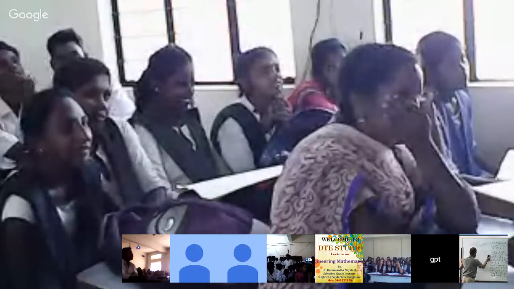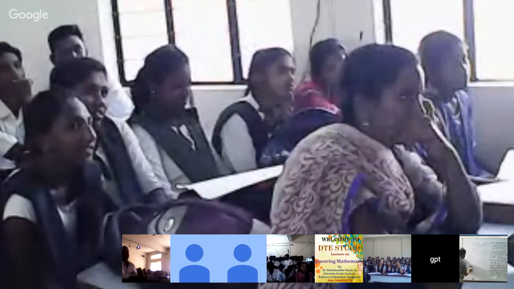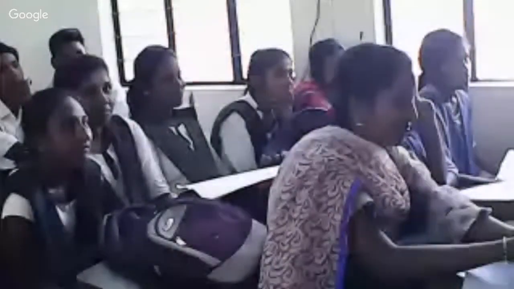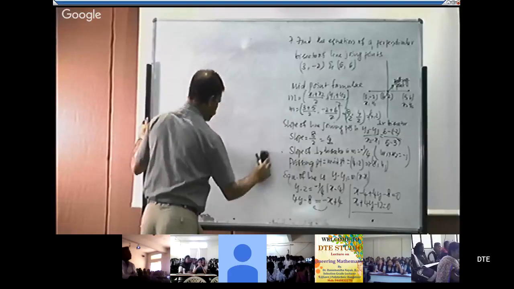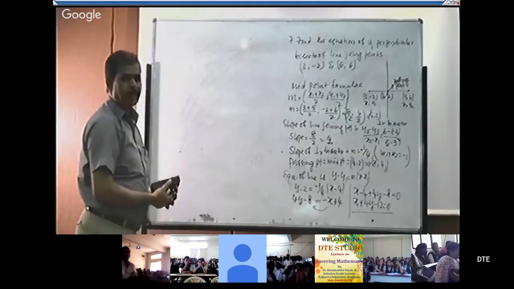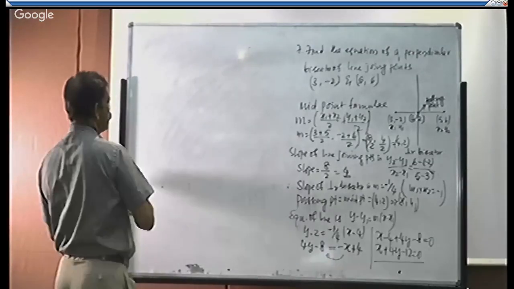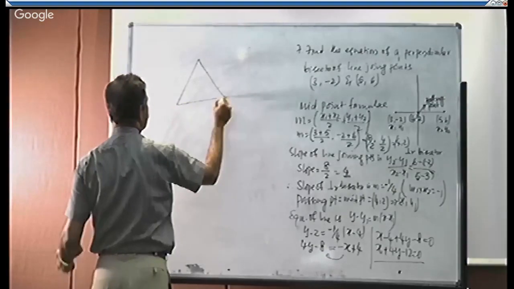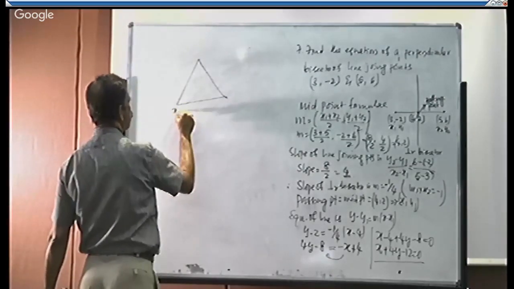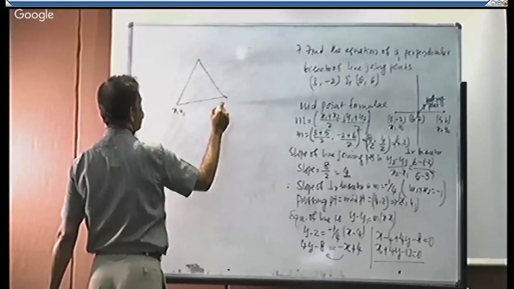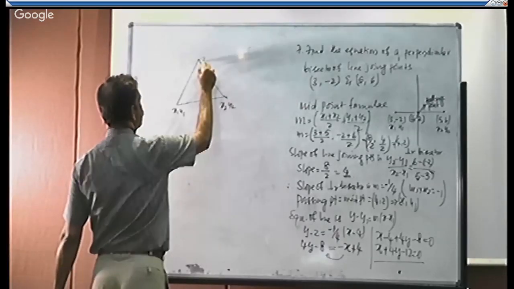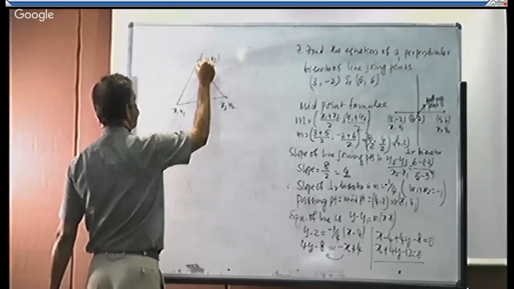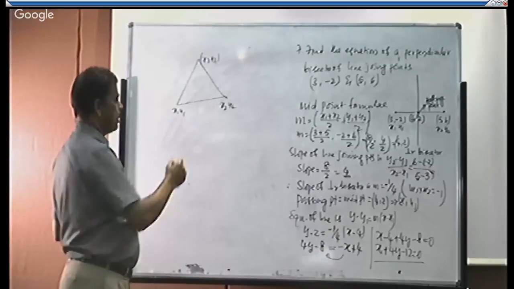So like that, they may give different conditions to get the slope. With that, we have to calculate the equation of a line. Sometimes they will give three points. By joining these three, x1, y1, x2, y2, x3, y3, it forms a triangle ABC.